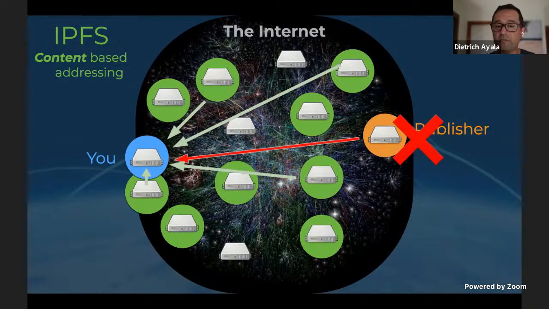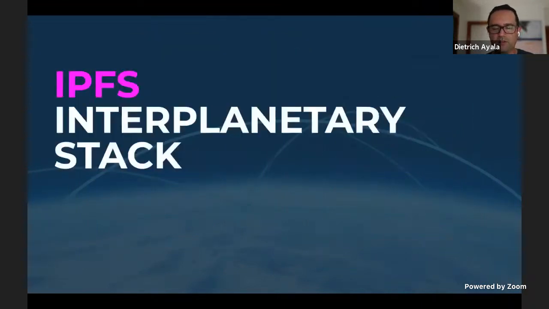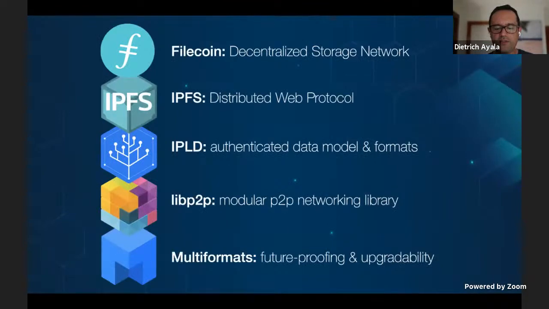And this means also that if the publisher goes away, that data can still be accessed, which is interesting when we talk about what that means for user control of the internet or application stack. This really diffuses and divides up the control, and moves a lot of what was traditionally centralized behind the publisher into the user.